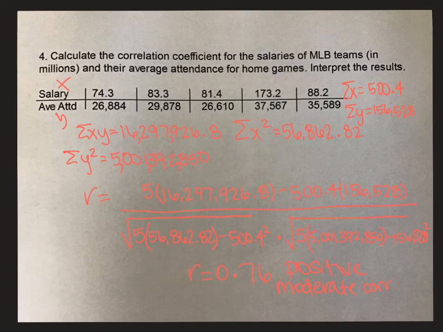Anything above 0.8 is strong, but again, that's kind of up to your interpretation. As long as you're not telling me that a correlation of 0.5 is a strong correlation, it's probably going to be fine. But generally speaking, 0.8, 0.85 and above is going to be strong. Somewhere around 0.6 to 0.8, 0.85 is going to be moderate. Less than half is going to be weak.